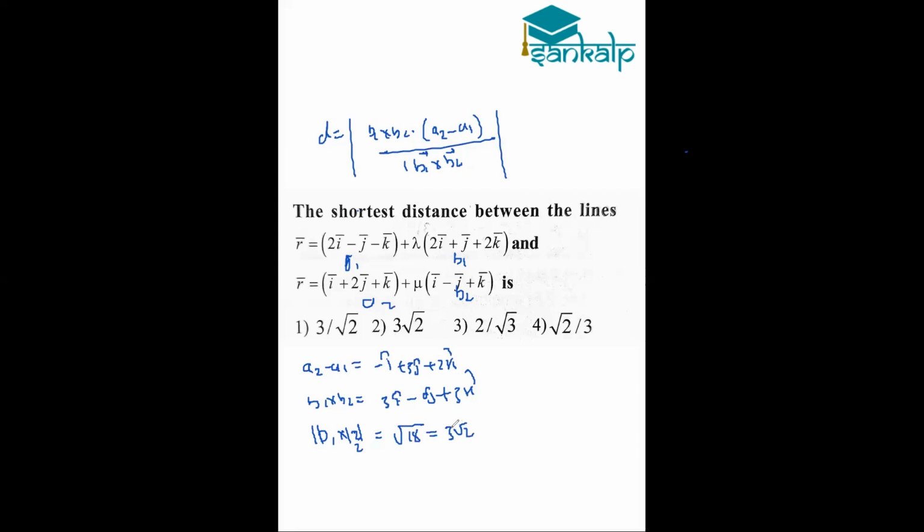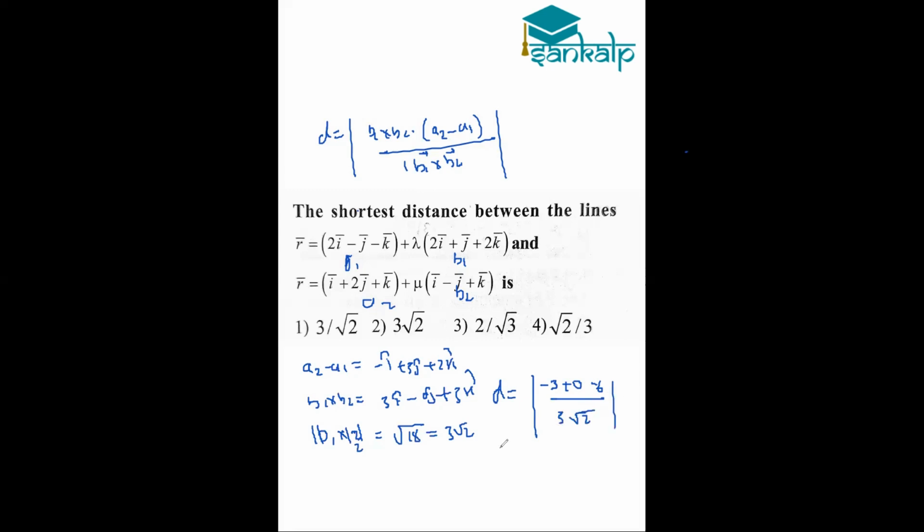Now on simplifying we get d is equal to, we need to multiply minus 1 into 3 is minus 3, plus 0 and minus 6, and the denominator we have got as 3 root 2.